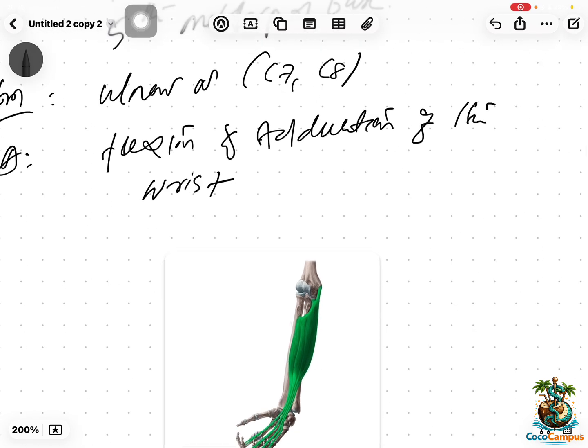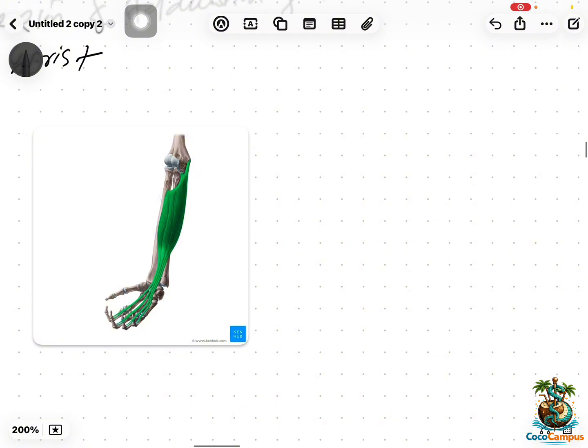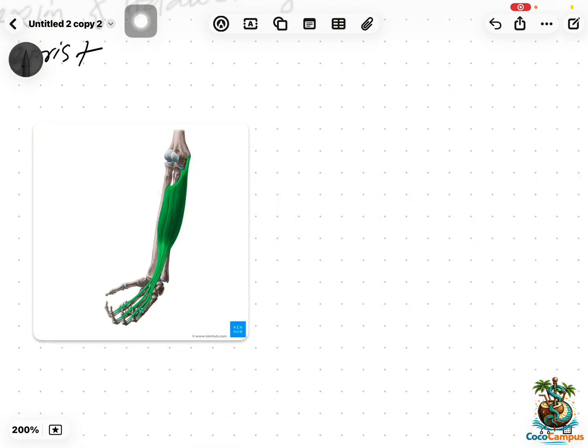Now let us move on to the intermediate flexor layer. We are done with the superficial flexor layer.